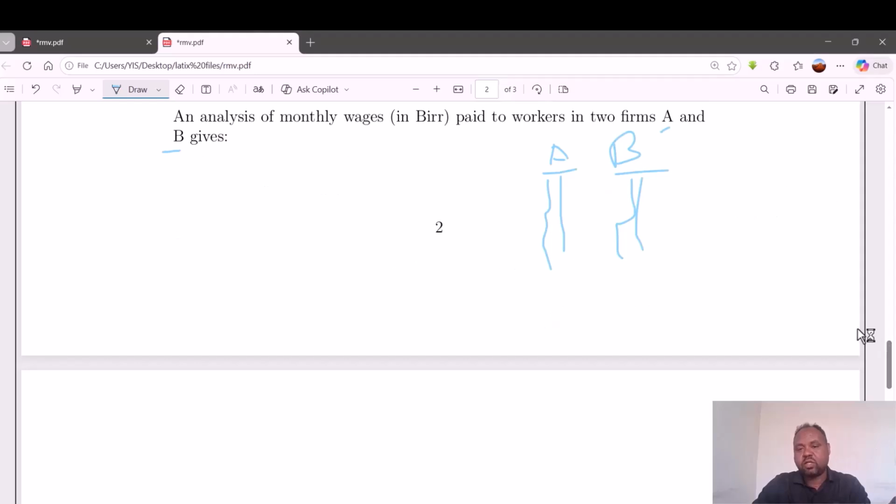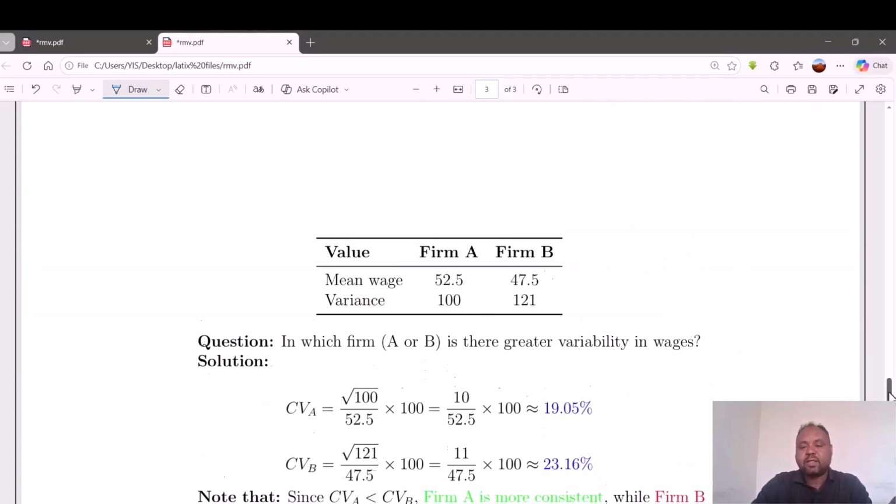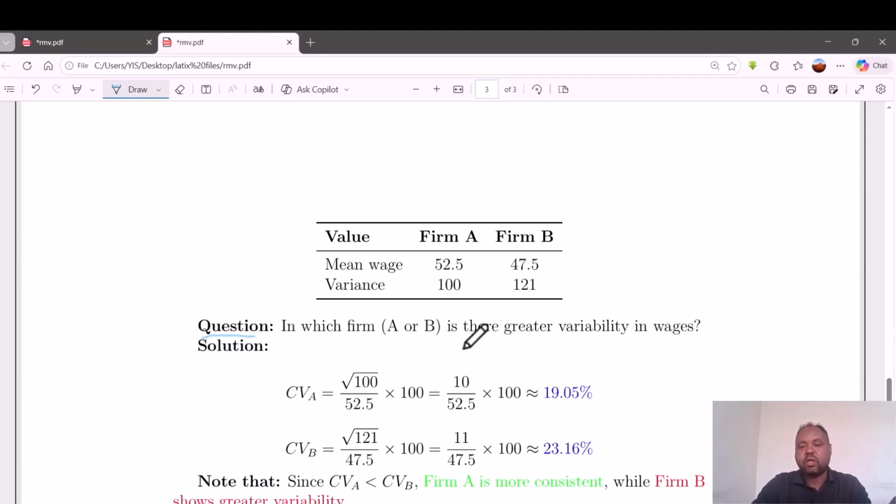The solution is summarizing the data sets from A and B in terms of standard deviation and arithmetic mean. Then through these computations and their derived formulas, we can answer the question: in which firm is there greater variability in wages?